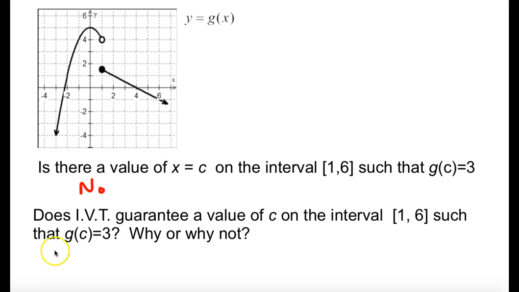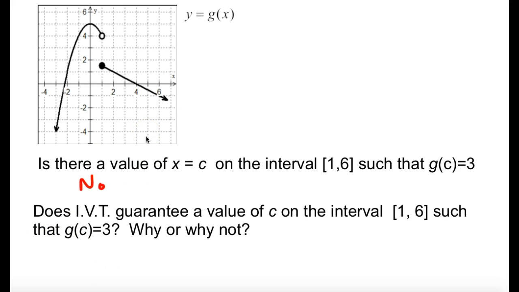The IVT only guarantees that we'll hit all the y values in between the y values of the endpoints. So a y value of 3 is greater than our endpoints here. Okay, so we can say that, I'll type this out again here.